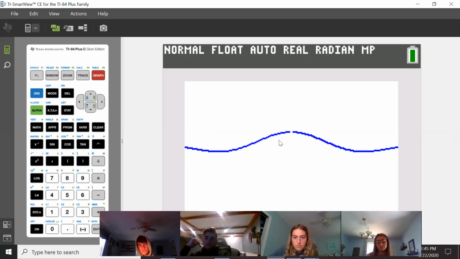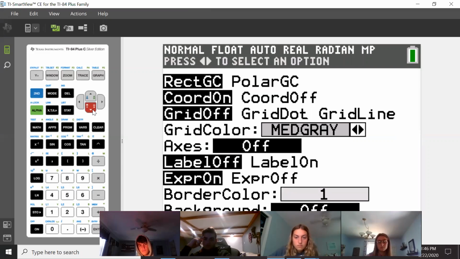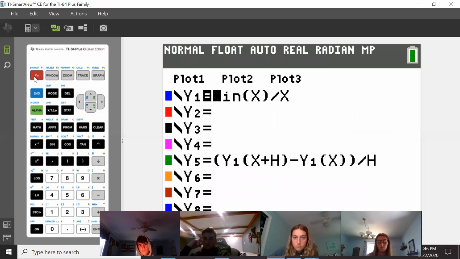We have discontinuity. And the reason you have a hole in the graph is because you can't divide by 0 until you get to chapter 8. So we can't divide by 0 here. So this graph has no value when x is 0.